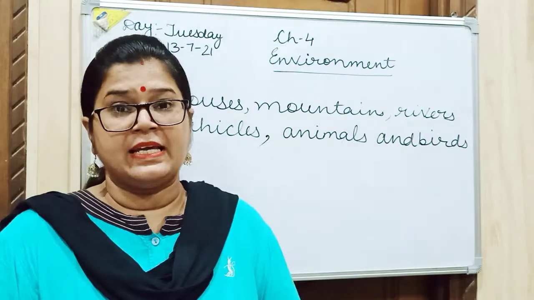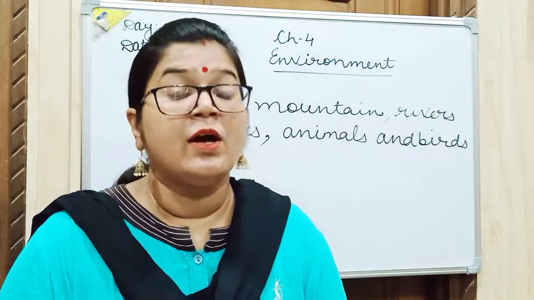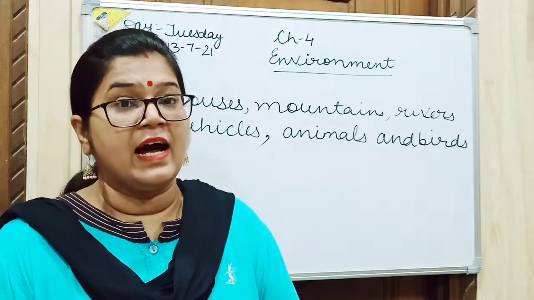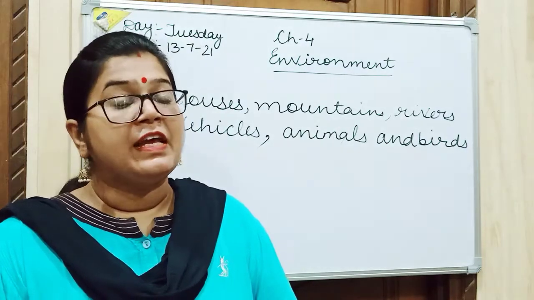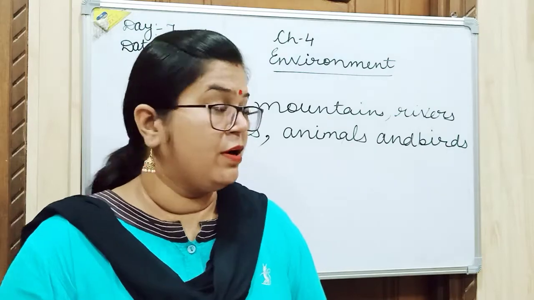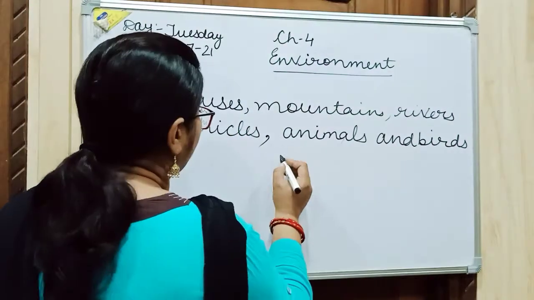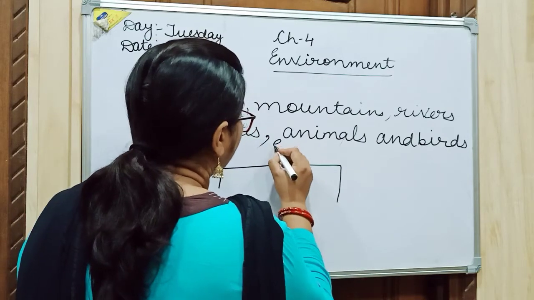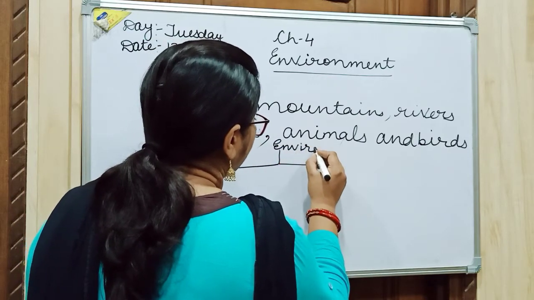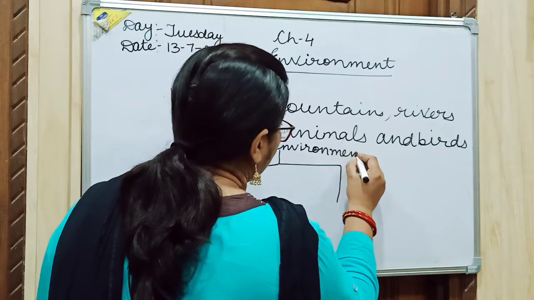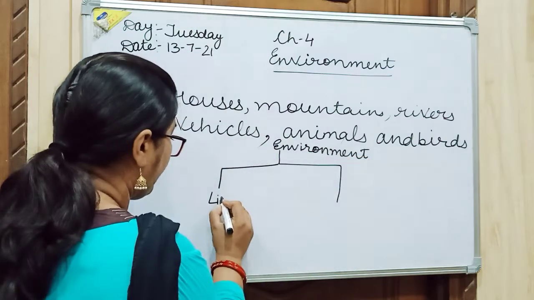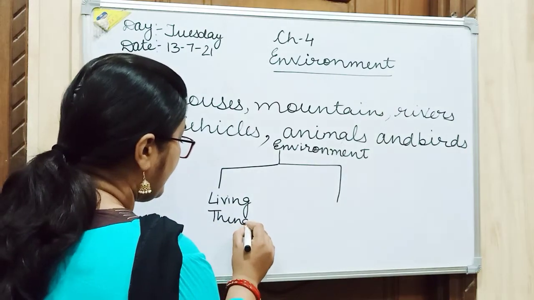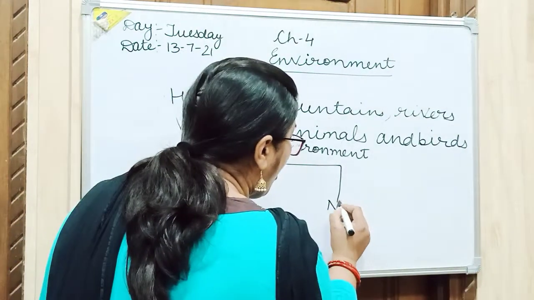Now the question is raised, why do we do this comparison? Dear students, we do this comparison to learn that our environment consists of two types of groups. Living things and non-living things.